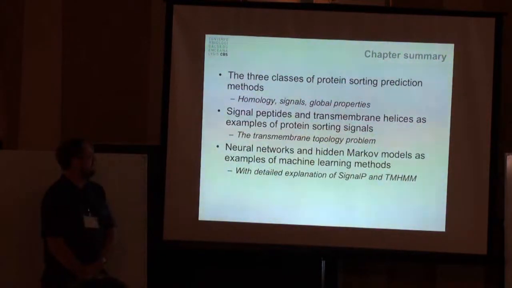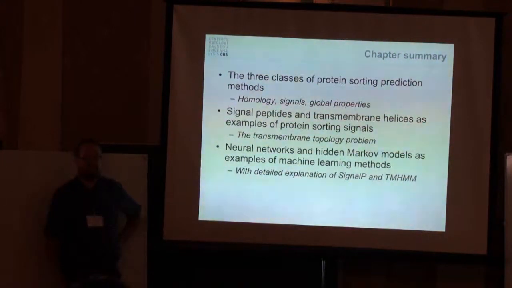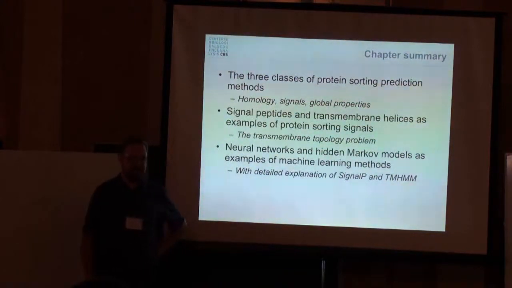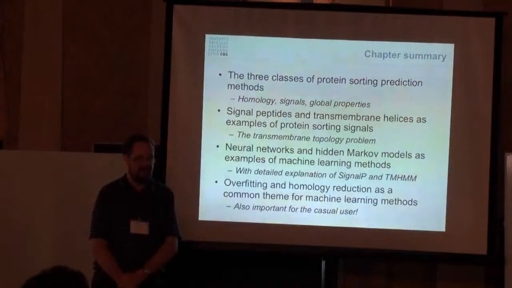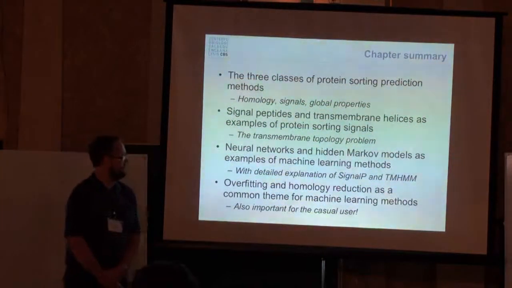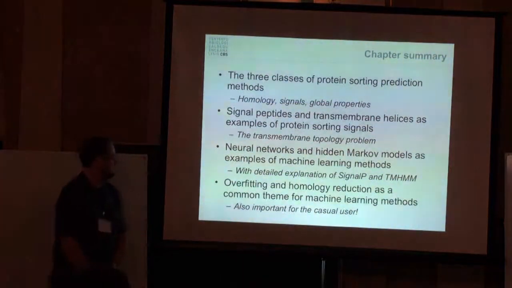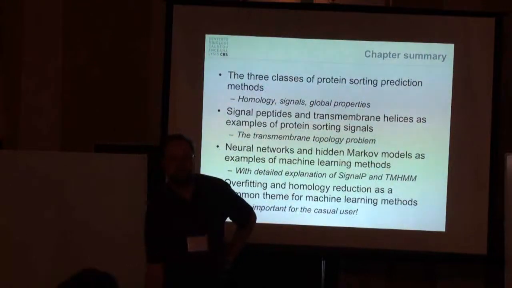And neural networks and hidden Markov models will be used as examples of machine learning methods with some detailed descriptions of the methods SignalP and TMHMM. And finally, overfitting and homology reduction as a common theme for machine learning methods, also important for the casual user. Thank you.